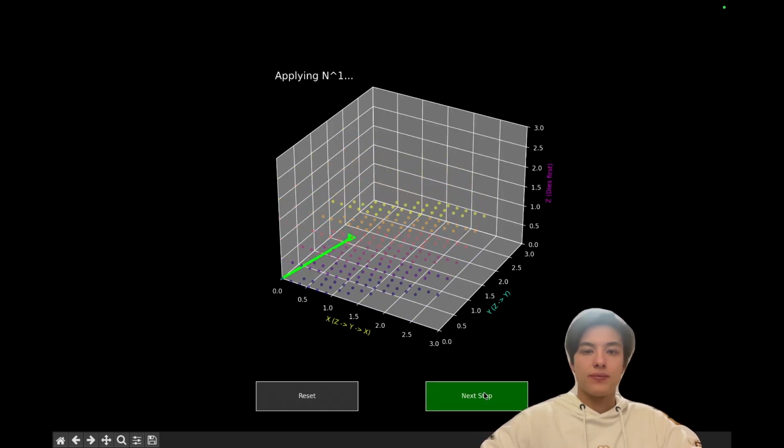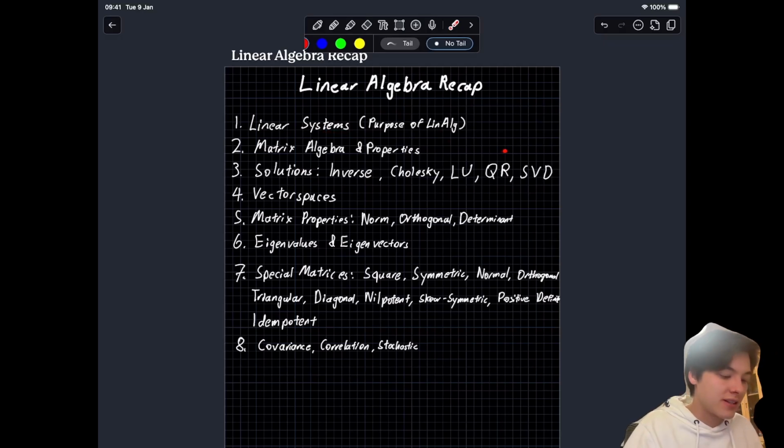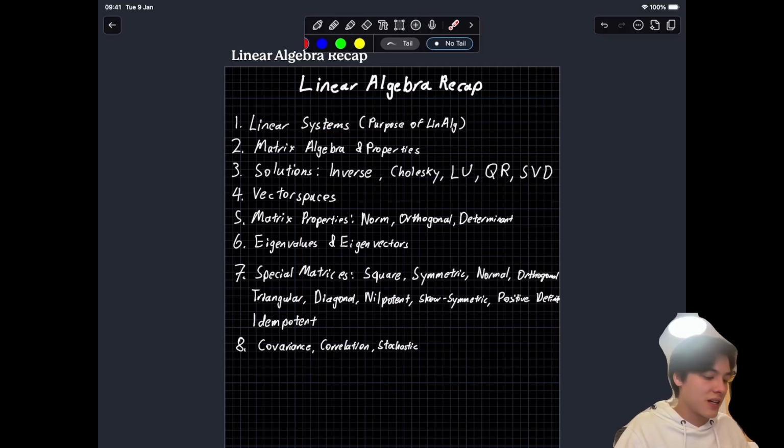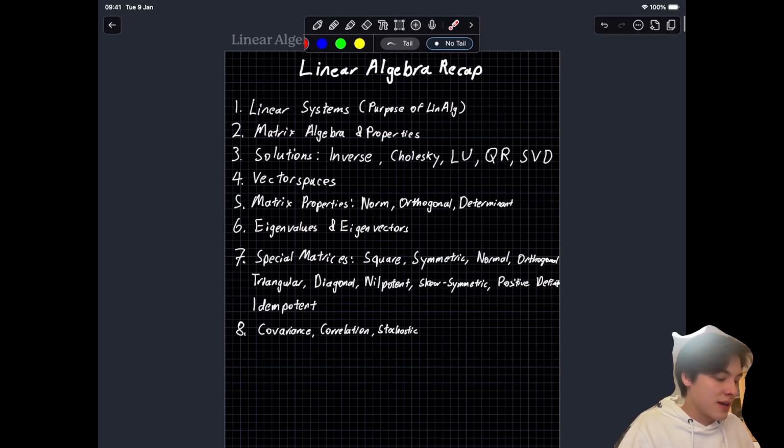First and foremost, I'll go over linear systems: the purpose of linear algebra, what it is, and then also look at the algebra of matrices and their properties. Next up, we'll look at how we can get to solutions. We'll go through the inverse, Cholesky, and different decompositions.